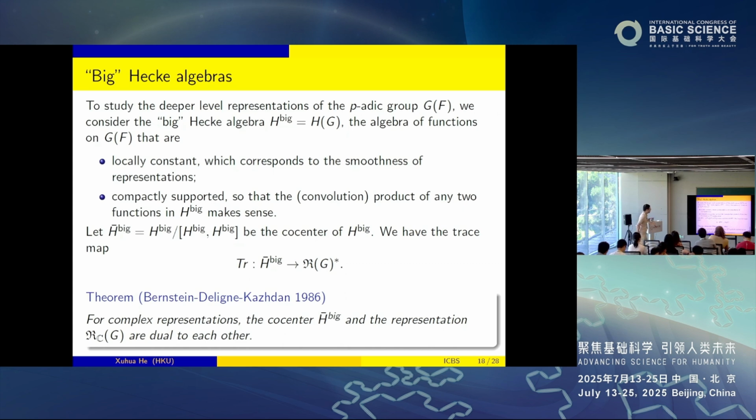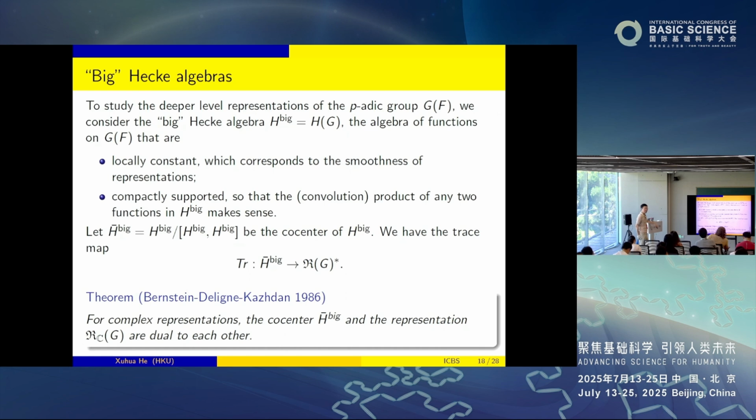And if you want to study p-adic groups, we consider the big Hecke algebra, which is the algebra of locally constant and compactly supported functions.